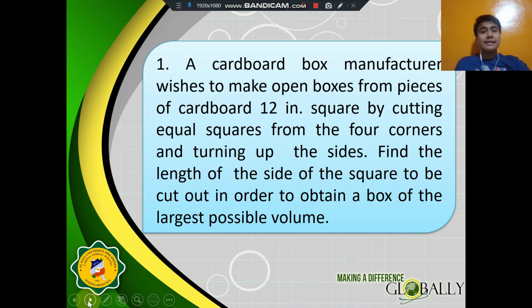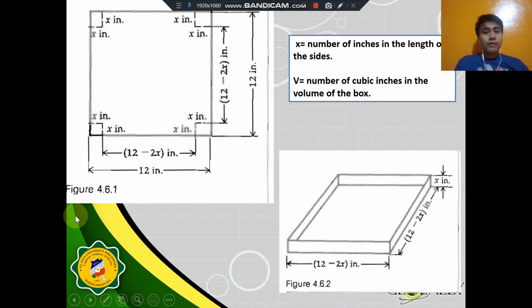By the way, this is now the application of this topic. Let's take a look at these figures, 4.6.1 and 4.6.2. Figure 4.6.1 represents a given piece of cardboard and 4.6.2 represents the box.